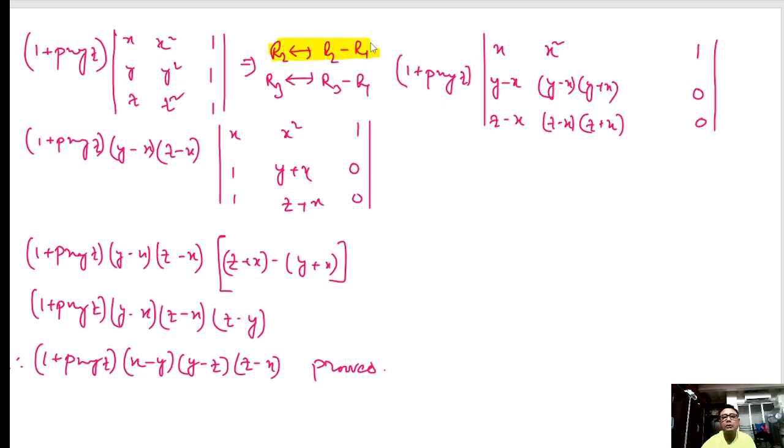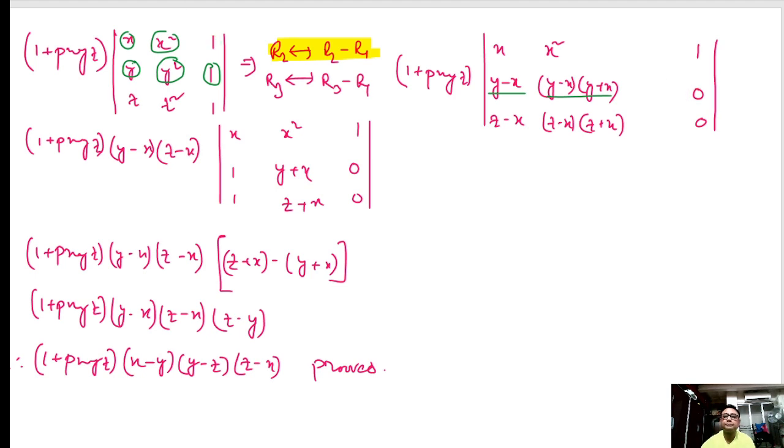So next, see, when we get this, now let us perform such operations. If we do R2 minus R1 and put it in R2, that means we are doing Y minus X and putting it in R2. Y square minus X square, we are putting it in R2. And 1 minus 1, we are putting it in R2.